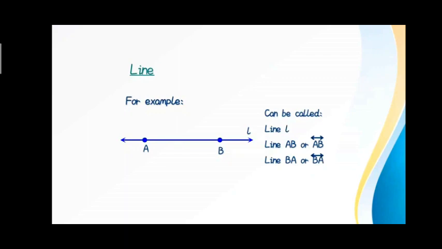So we can name a line in three ways. Either you use a small letter, line L, or capital letters, line AB, line BA. All three are correct. You can write any one of them.